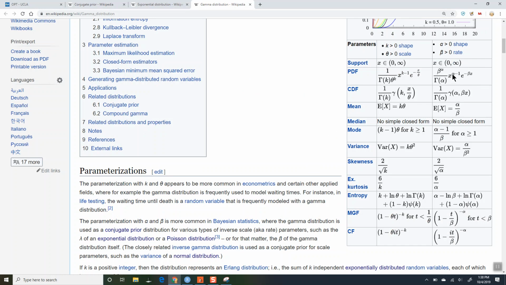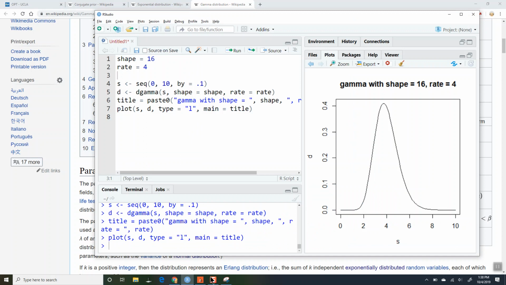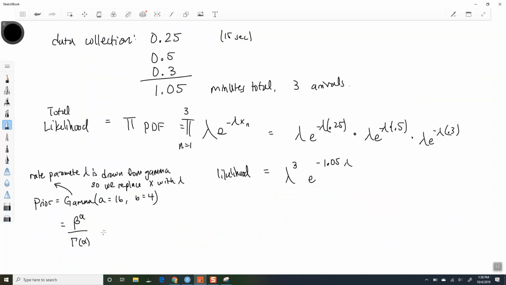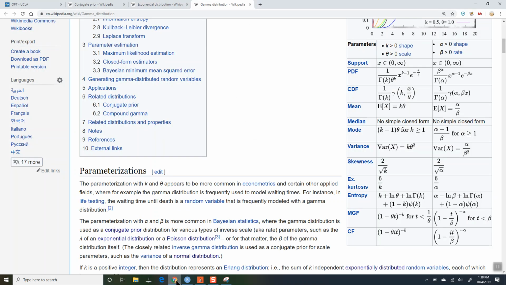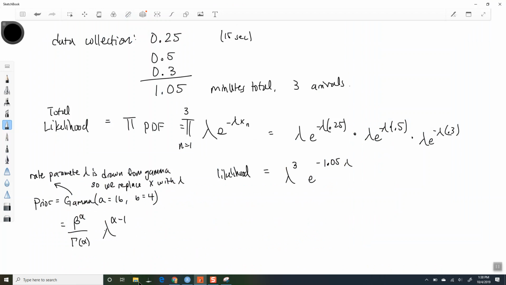And so we're going to write lambda to the alpha minus 1 and e to the negative beta lambda. Sorry, I'm a little bit sloppy here.